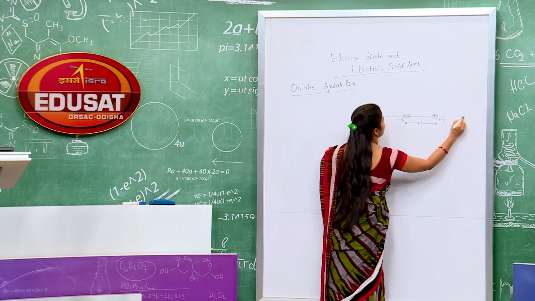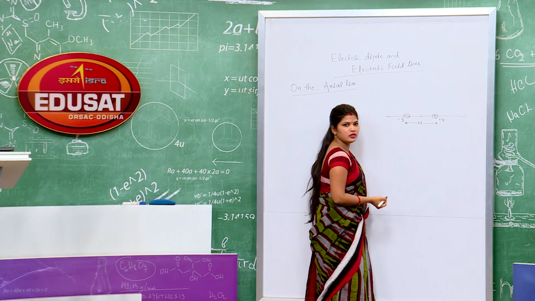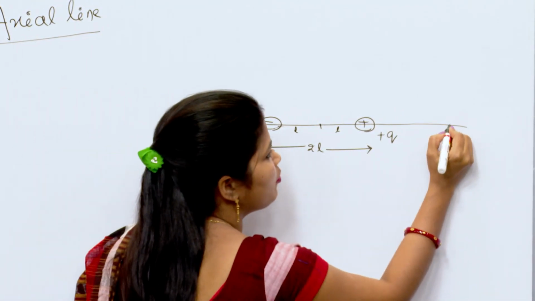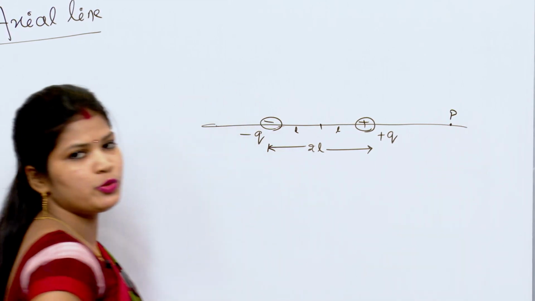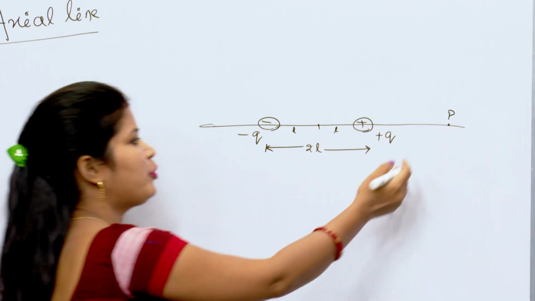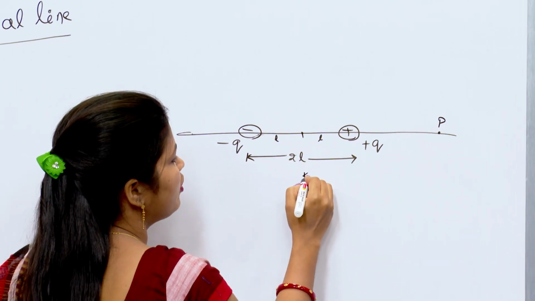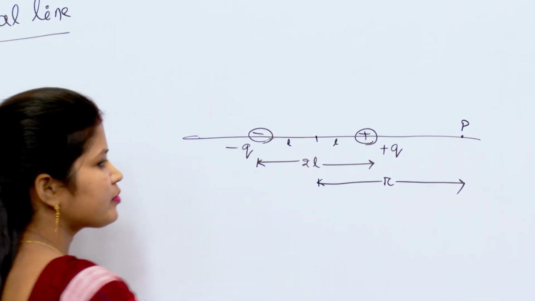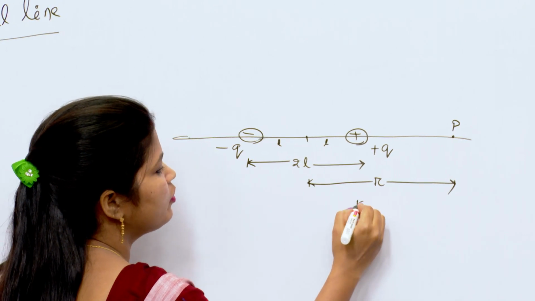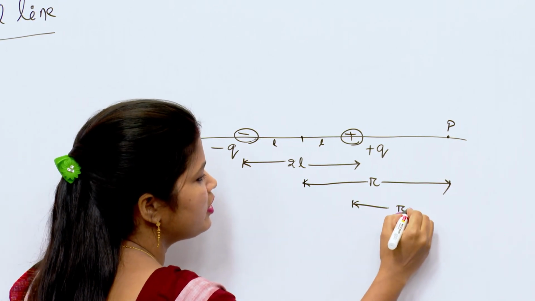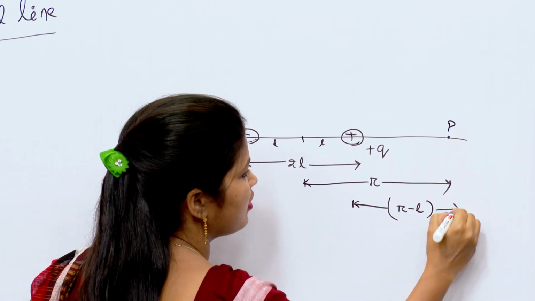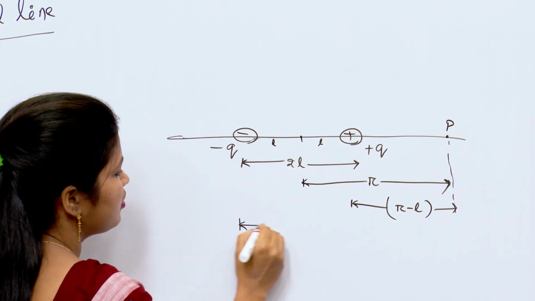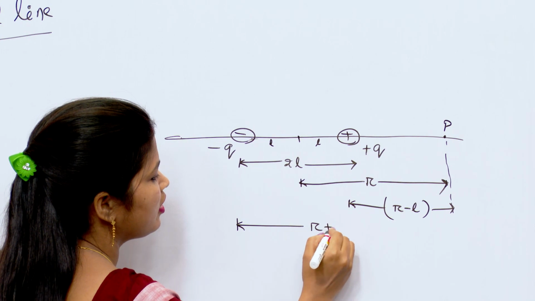This is the dipole axis, the center of the dipole, this is L and this is also L. This is the point of observation P. Here we wish to find electric field intensity at that point. From center of the dipole to the point of observation, the distance is r. From plus q to point P, the distance is r minus L, and from minus q to point P, the distance is r plus L.